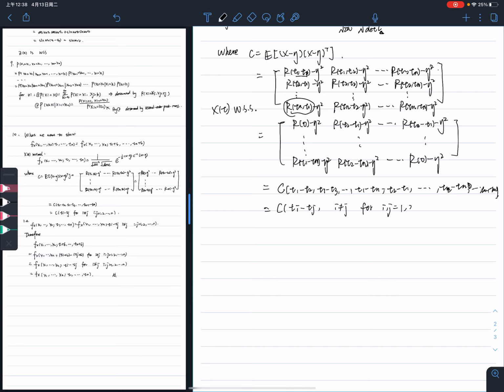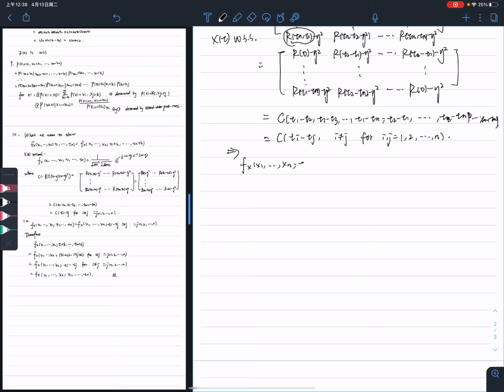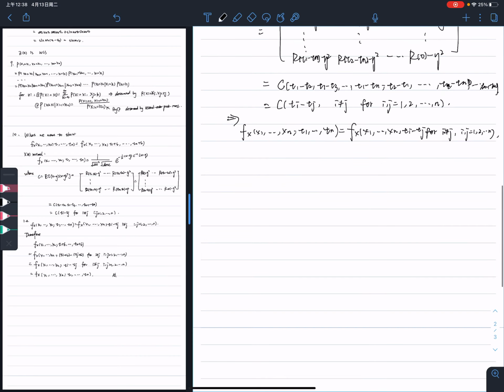Therefore, the probability can be rewritten as f(x1 to xn; ti minus tj), for i not equal to j, where i and j are arbitrarily chosen from 1 to n. So we can write the shifted probability distribution as f(x1 to xn; (ti plus epsilon) minus (tj plus epsilon)), where i is not equal to j and i and j are arbitrarily chosen from 1 to n. Here the epsilon can be removed.